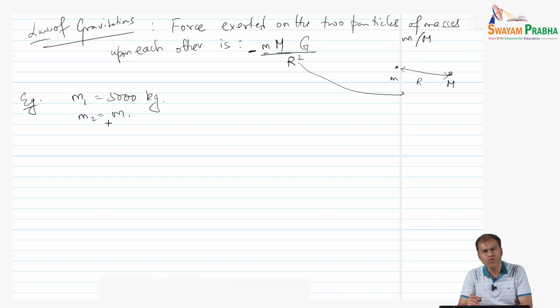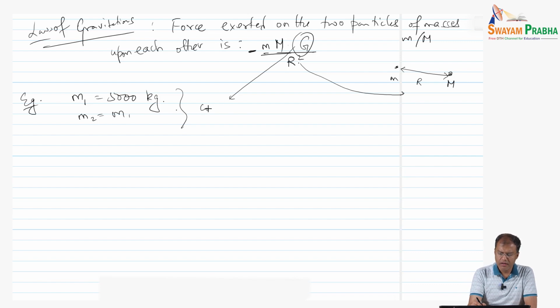We take two identical masses, and then this capital G is a constant. G is given by 6.67 into 10 to the power minus 11 Newton meter square kg square inverse, right?